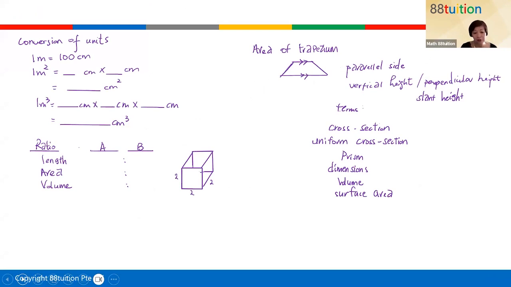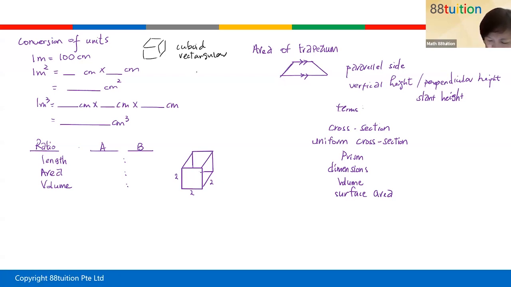First thing is conversion of units. Now, in the previous lesson, when we talked about area, you realize that the area is quite a big measurement compared to length. Look at the conversion example of 1 meter cuboid. Cuboid means a 3D diagram, a rectangular thing like that.